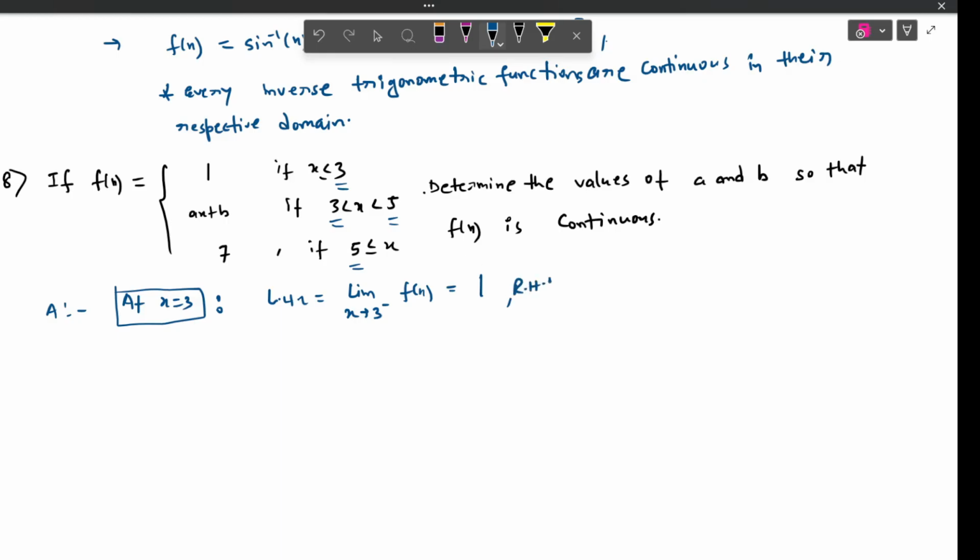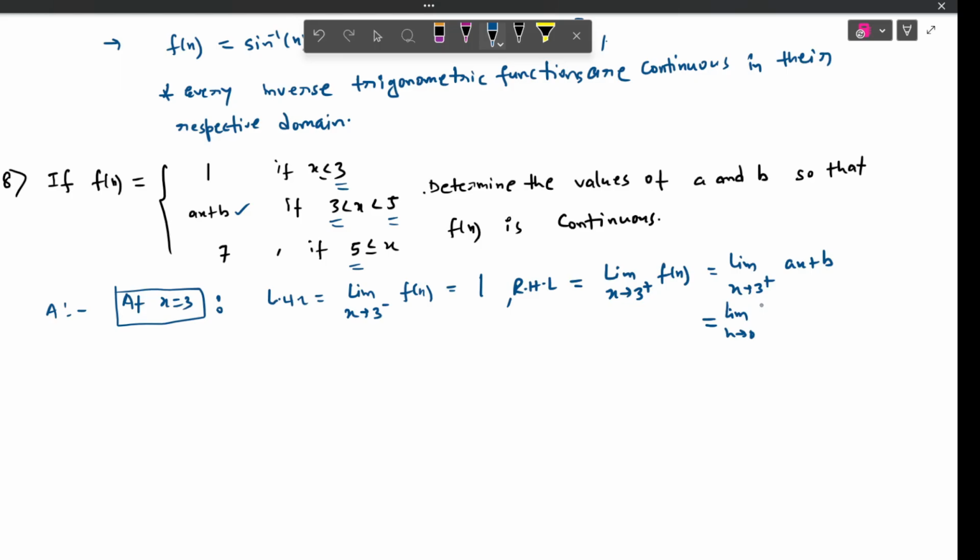What would be the right hand limit? It would be limit x tends to 3 plus f of x. So for 3 plus, we have to take this function: limit x tends to 3 plus ax plus b. Or you can convert it into h tends to 0. Remember this method I have told you, because finding limits by this method is very easy.